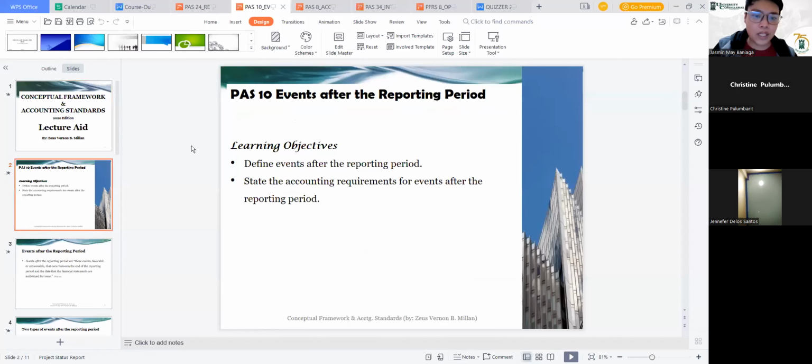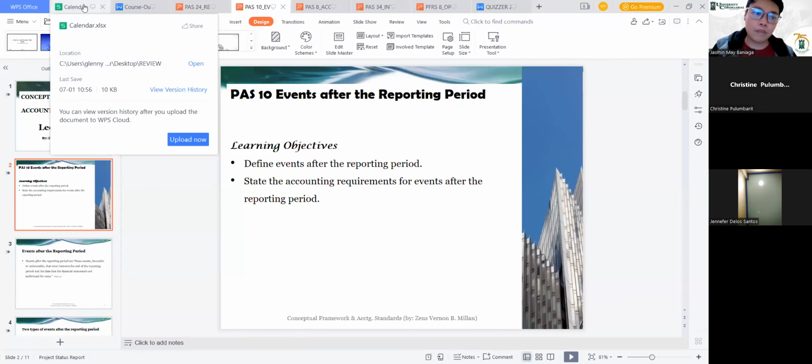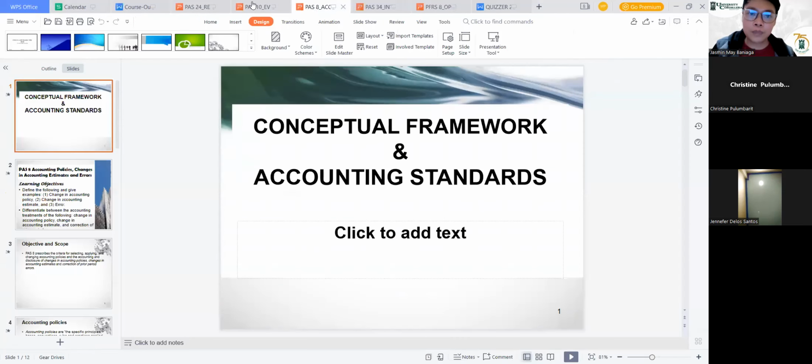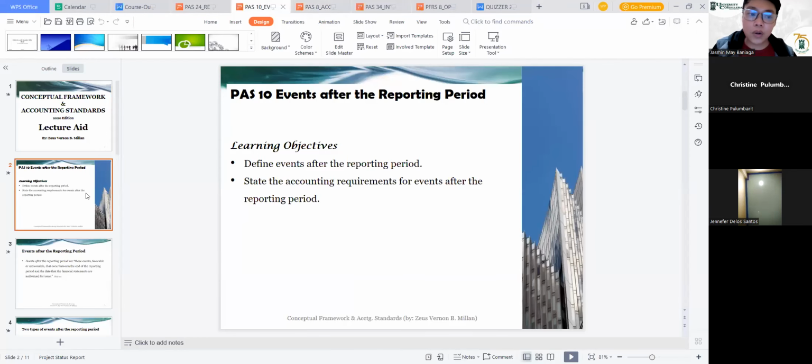Events after the reporting period. For events after the reporting period, it's another disclosure, or way of reporting such. It depends: there are cases where we need to make adjusting entries and cases where we don't need to. So PAS 10 is the basis for any events pertaining to the reporting period.